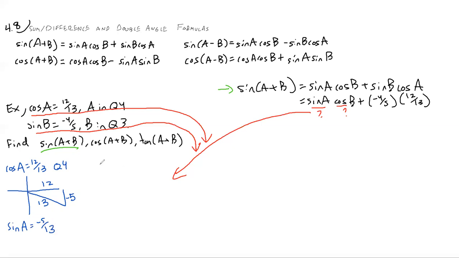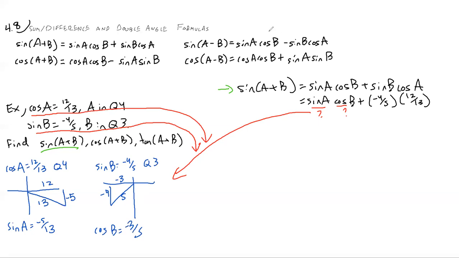And then similarly, I know sine B is negative 4 over 5, and it's in quadrant 3. So negative 4 over 5 should look like this. And then the other side of this triangle would be a negative 3 because it's on the left side. And so that tells me that cos B is negative 3 over 5.